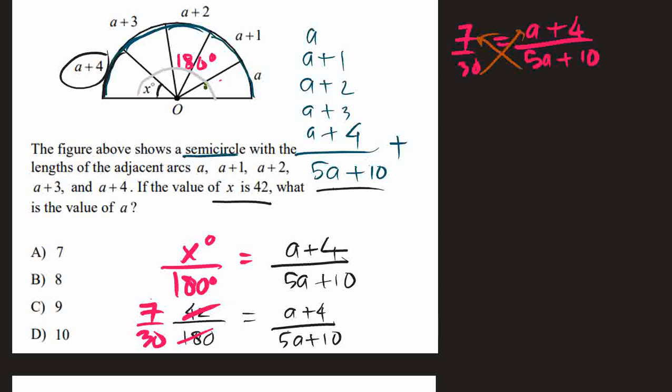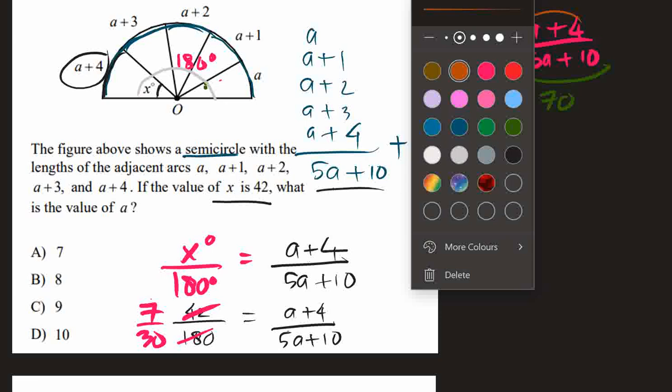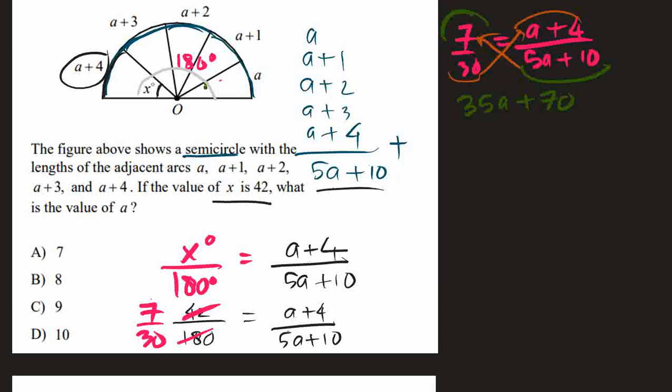Now we get 35a plus 70 this side, 4 times 7, and for this one we get 30 times that one is equals to 30 times A is 30A plus 30 times 4 is 120.